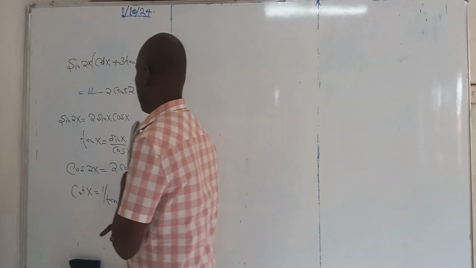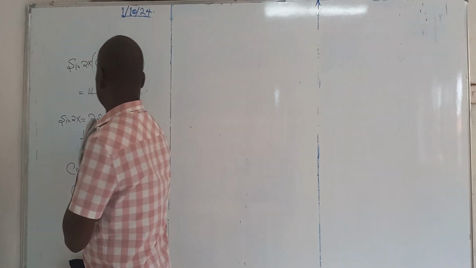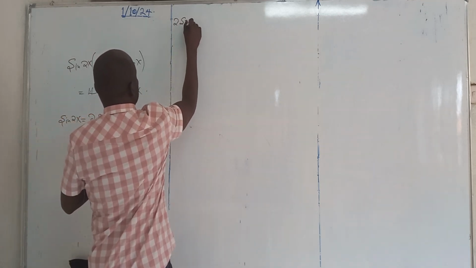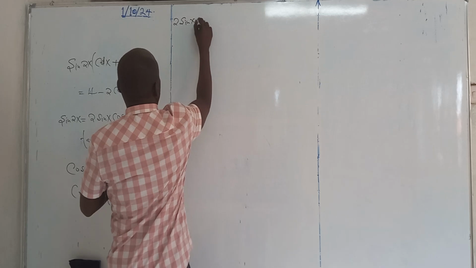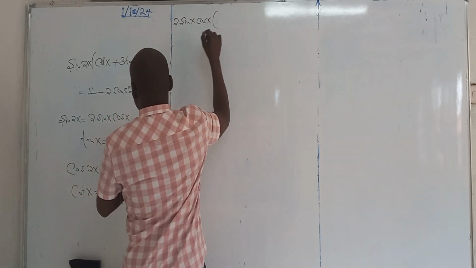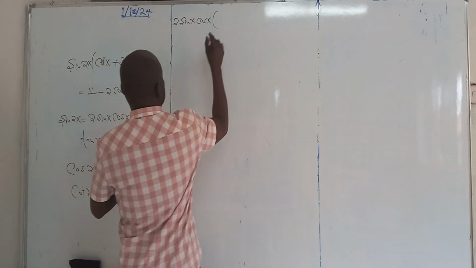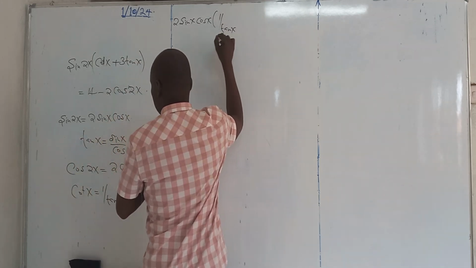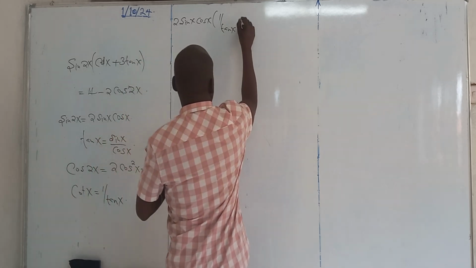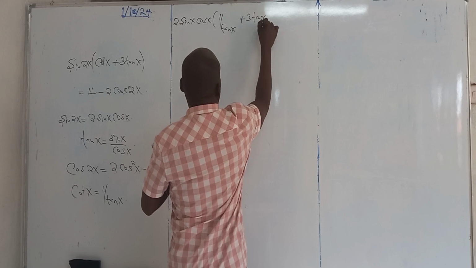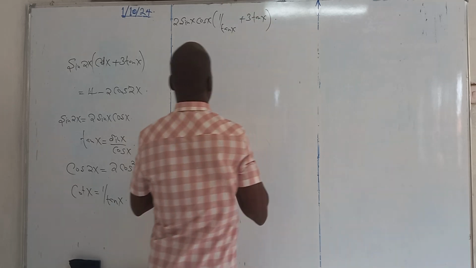So we start by where there is this, we write this. So I have 2 sine x cos x into 1 over tan x plus 3 tan x.